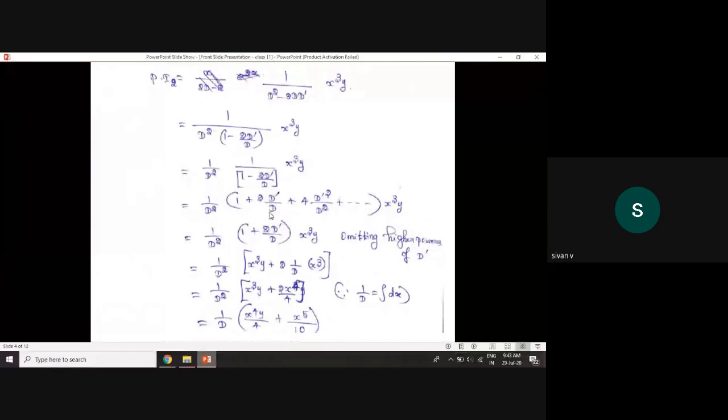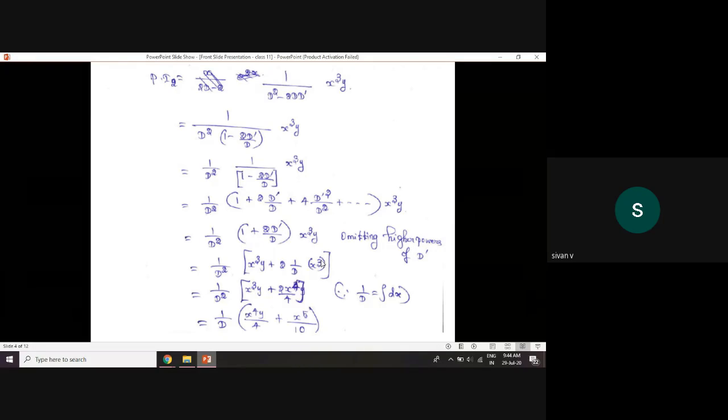1 plus 2 D dash by D of x cube y. Now 1 by D square as it is, 1 into x cube y, so x cube y. 2 D dash by D of x cube y means give the priority to the numerator. It can be split up as 2 by D into D dash of x cube y.